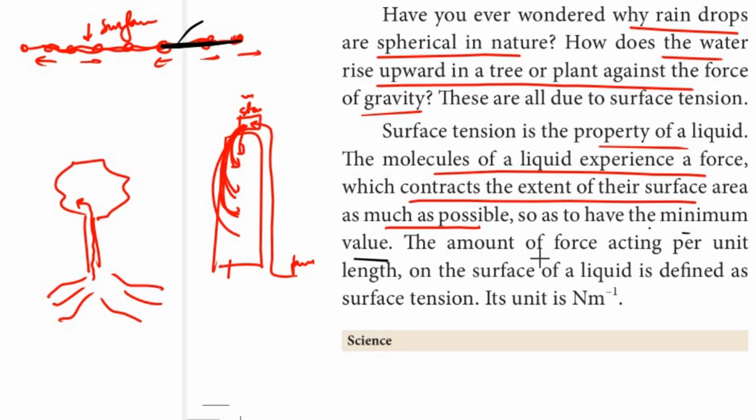Now this amount of force acting per unit length on the surface of a liquid is known as surface tension. So what does surface tension do? Effectively, it is trying to minimize the surface area as much as possible. That's the basic idea. And so what's the unit? Force per unit length, that is Newton per meter.